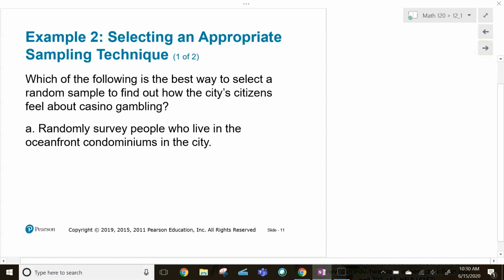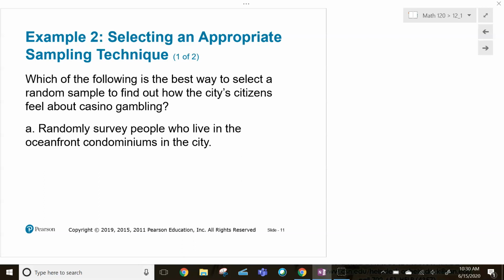Which of the following is the best way to select a random sample to find out how the city's citizens feel about casino gambling? How about A: randomly survey people who live in the oceanfront condominiums in the city. Would that be representative?